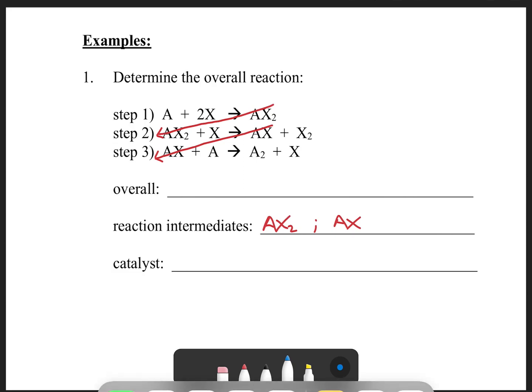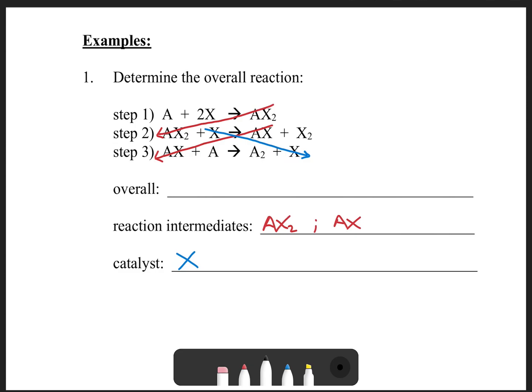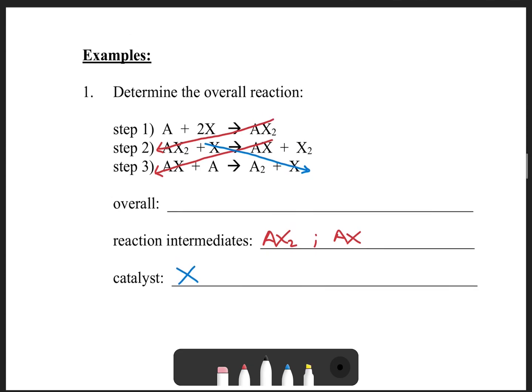There are no other intermediates, but I can see that I have a catalyst. Now the catalyst is going from left to right. It goes in the opposite direction. Nothing else is available to be crossed off, so I can put together my overall reaction. Now let's put together what we have left here.